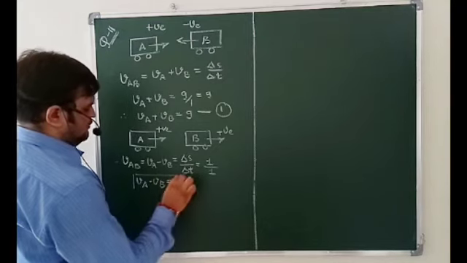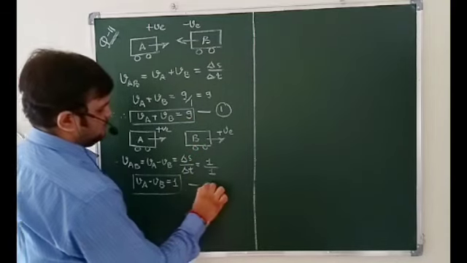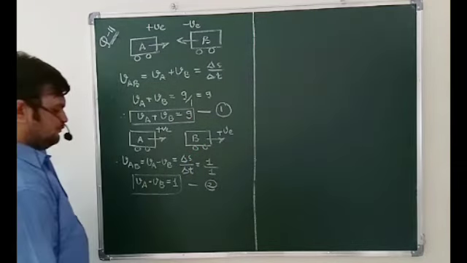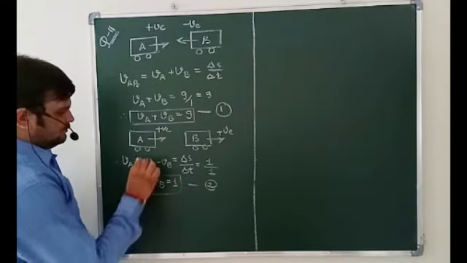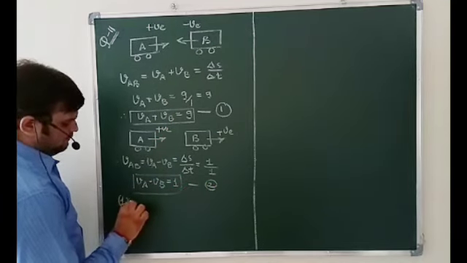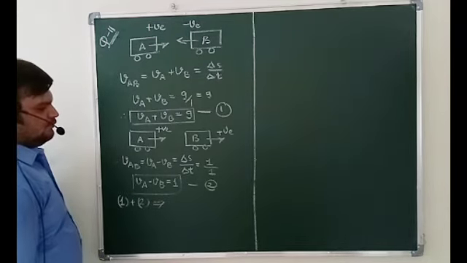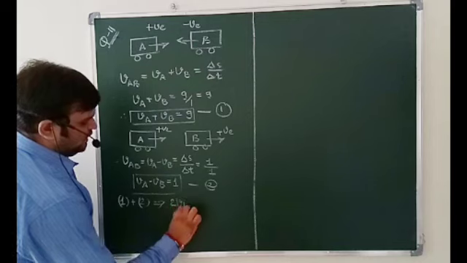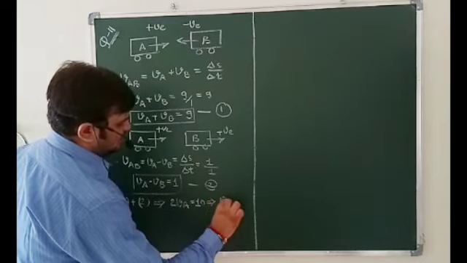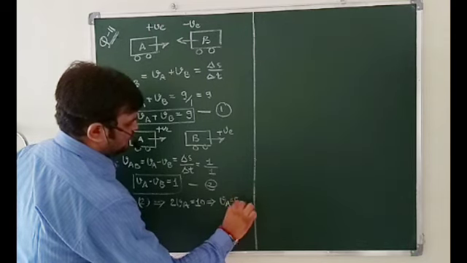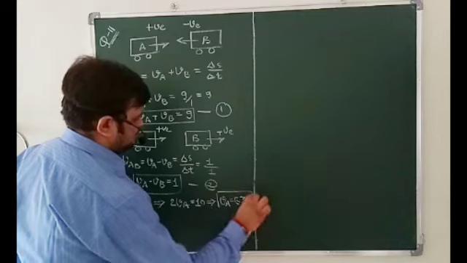So this is equation number 2 and this is equation number 1. Now from equations 1 and 2, equation number 1 plus equation number 2 becomes 2 VA is equal to 10. So VA is equal to 5 meters per second.